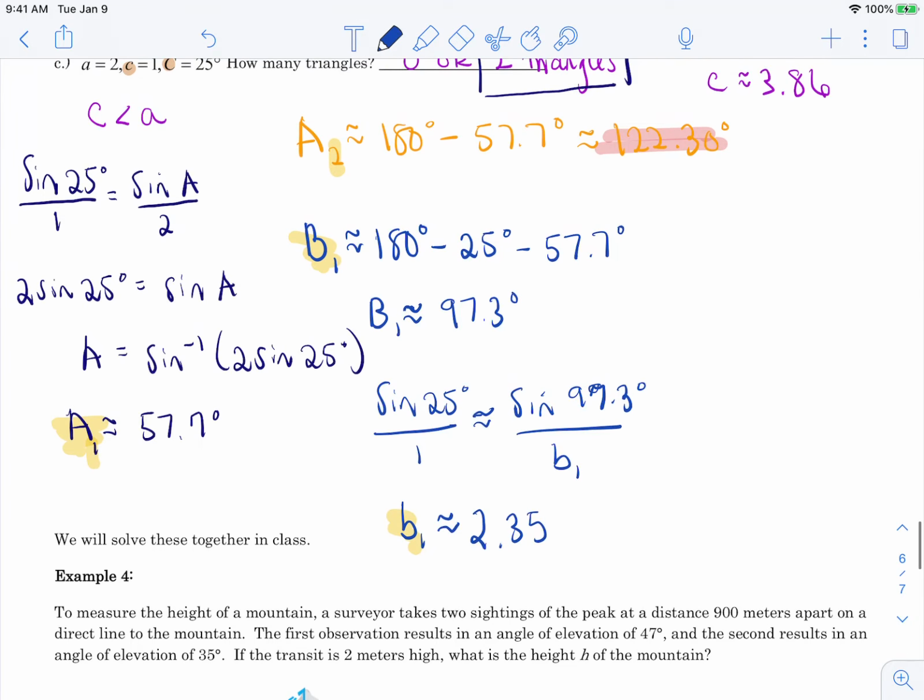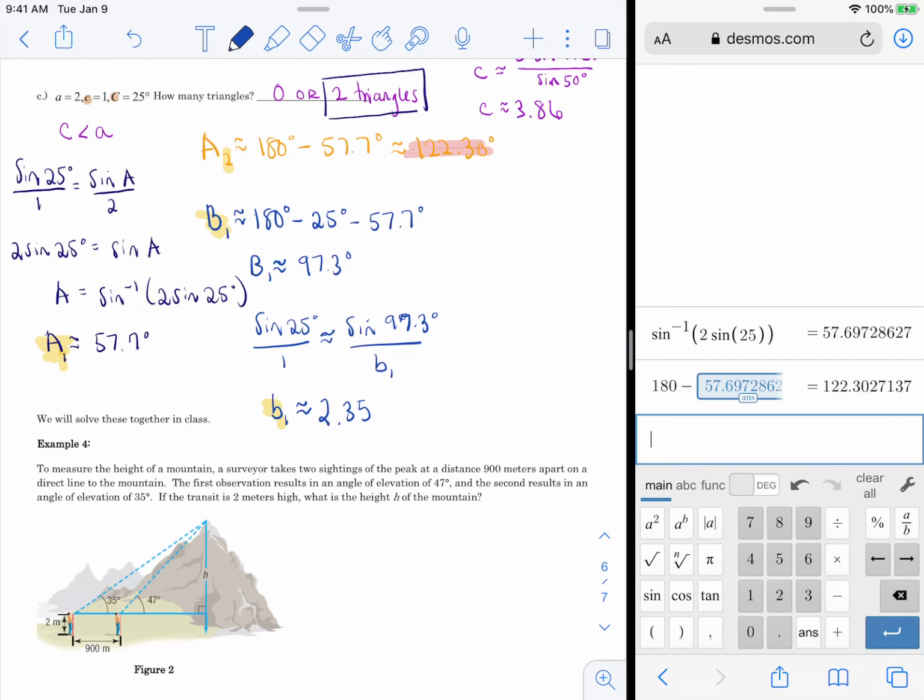All right, so we're done with our first triangle. To find the other triangle, well, we know we have to find our angle B sub 2. We know our triangle is 180 degrees. We take away what was given to us. And we also take away the angle we found for A.